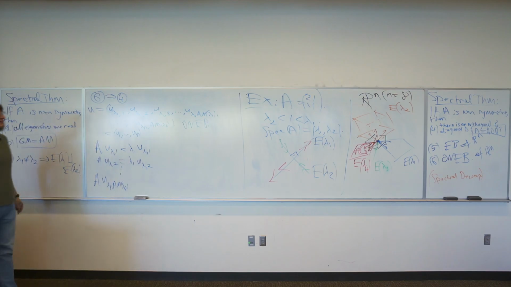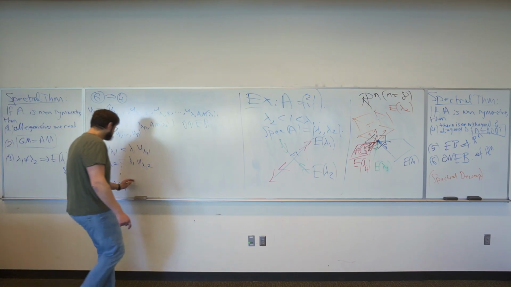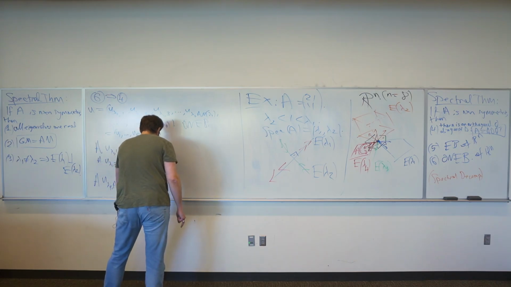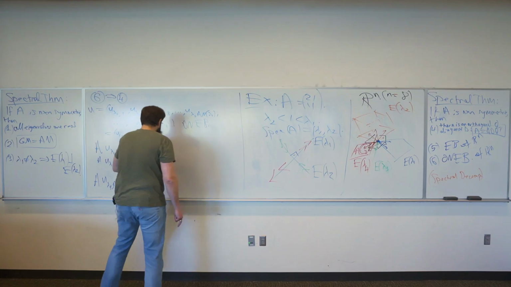And if I were to apply A to the last vector, I get lambda p times the vector that I plugged in. Lambda p, AM of lambda p.